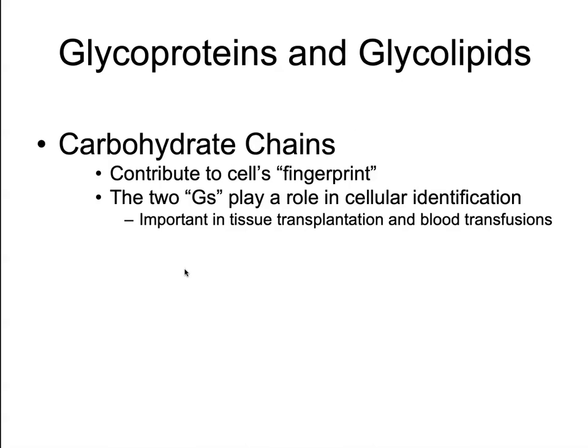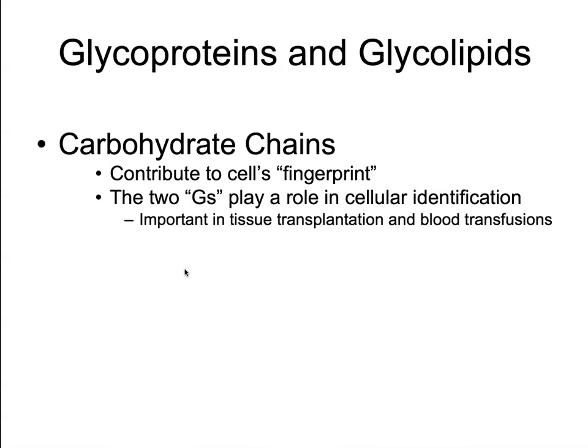So because of this, glycoproteins and glycolipids play an important role in cellular identification. These are what are going to help identify the cell as, oh, this belongs to me, it's all one organism, this is in particular a liver cell, and we need to make sure that it's where it needs to be and performing the functions that it needs to do.